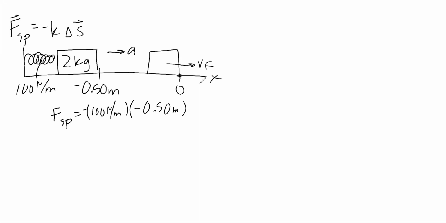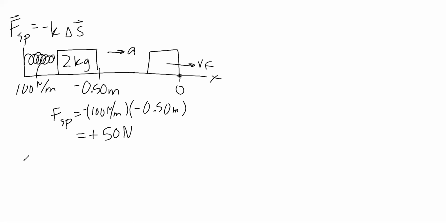So you got two minus signs here. You have one from the definition and one from the initial position. So that'll work itself out, obviously, to be plus 50 newtons. All right, so that's the force with which the spring is pushing the block as it's released.